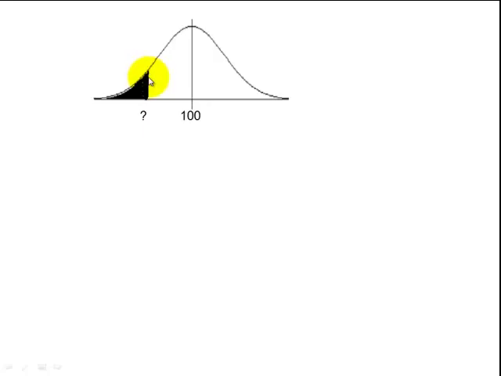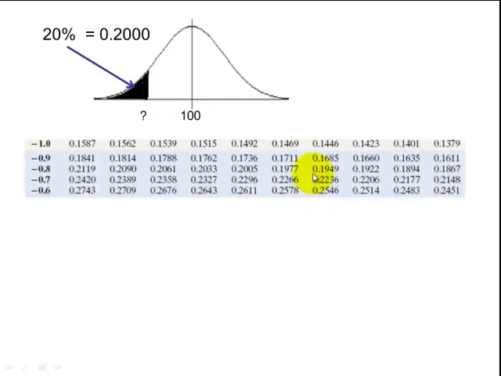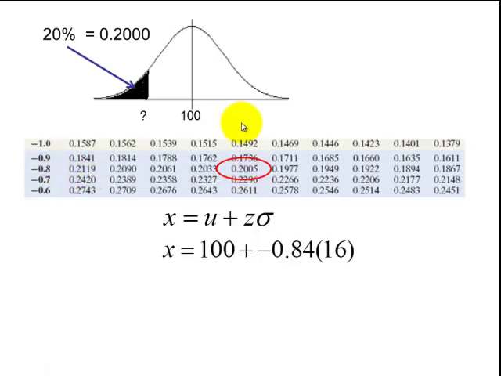We are wanting the 20th percentile. So this area here is 20%. Using table 5, we're going to find the closest thing to 0.2000. And if we look in the table, we see the closest is 0.2005. That corresponds to a z of a negative 0.84.